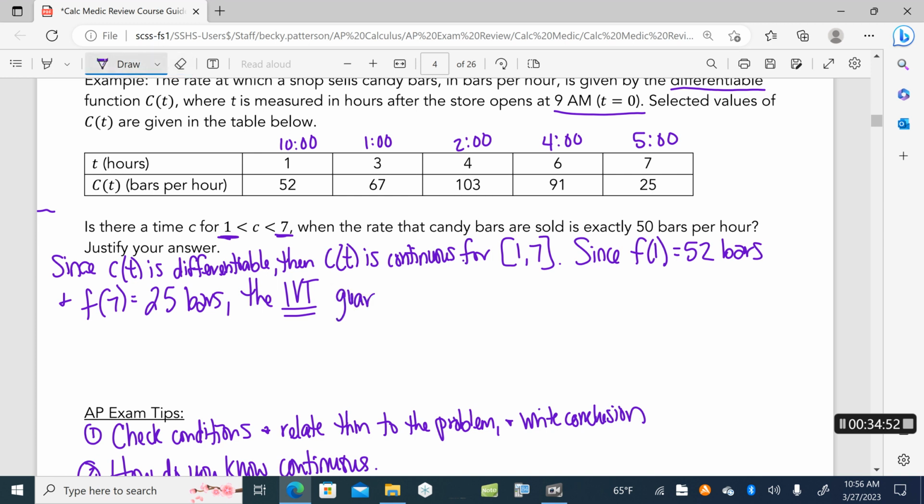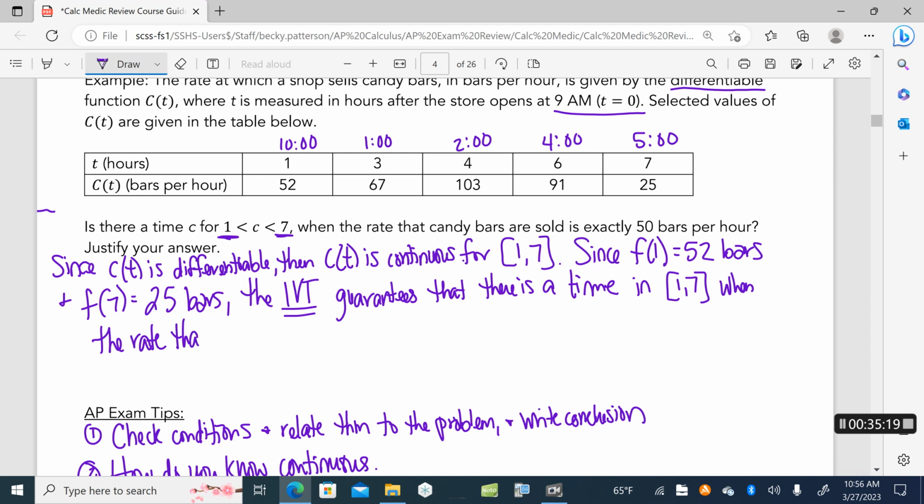There we go. Guarantees that there is a time in 1 to 7 when the rate that candy bars are sold is exactly 50 candy bars.